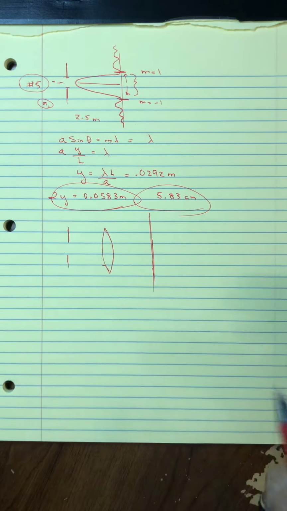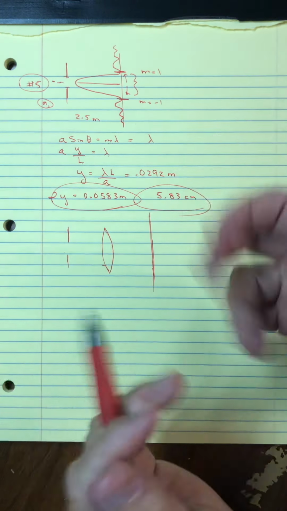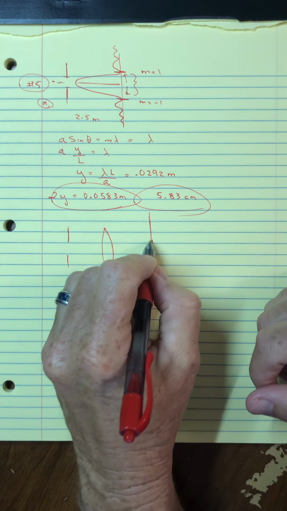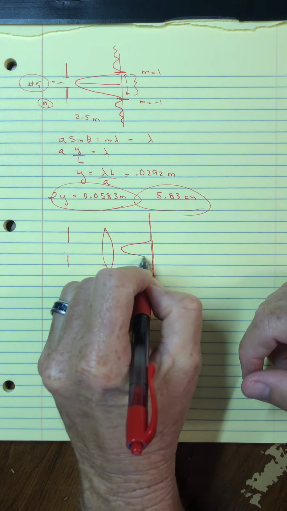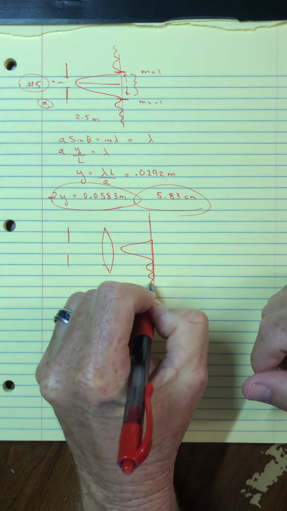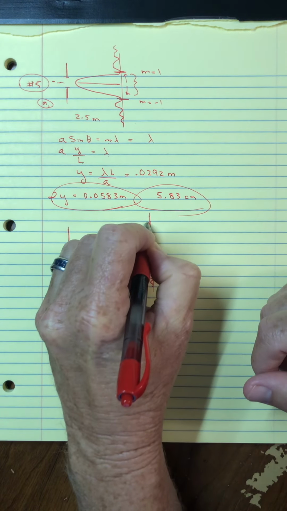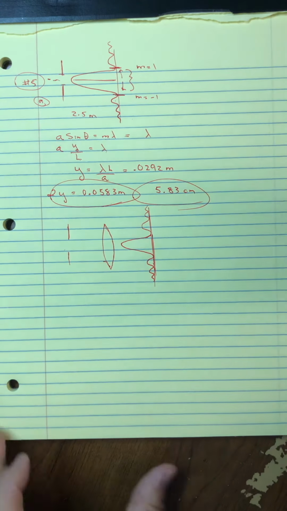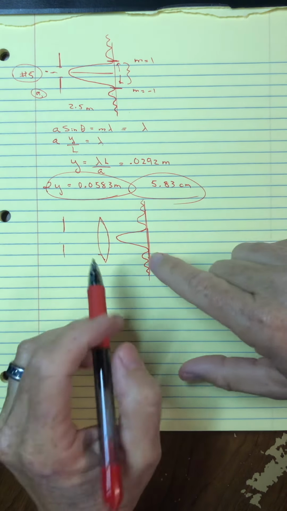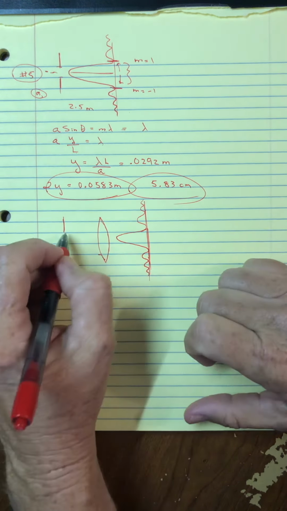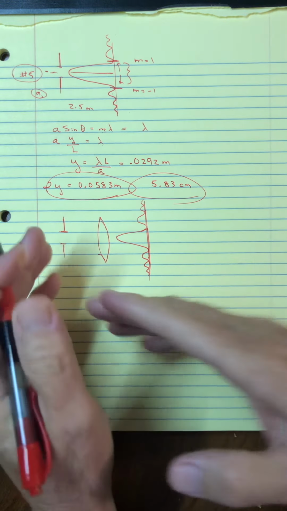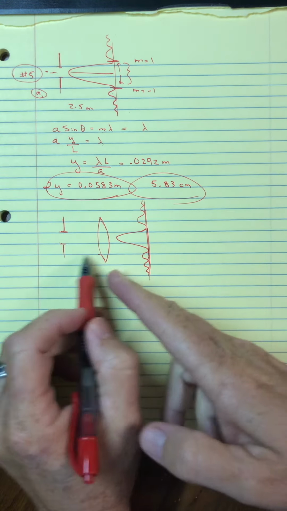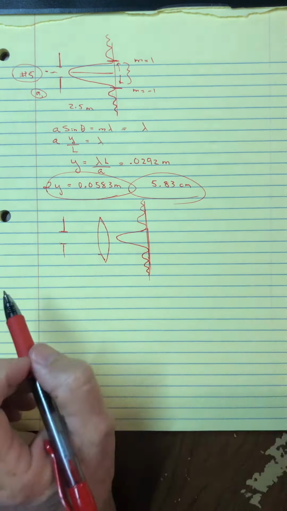So the good news is the screen is still going to see a single slit. The screen is still going to see an intensity pattern that looks like a sinc function squared. But where that single slit is located is going to be the image after the light gets redirected here.